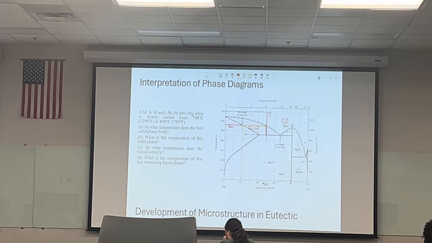This is where it solidifies into that eutectic isotherm, basically this line. If we draw a line so that we can visualize it, it's still difficult to see, but that's about 465 degrees.